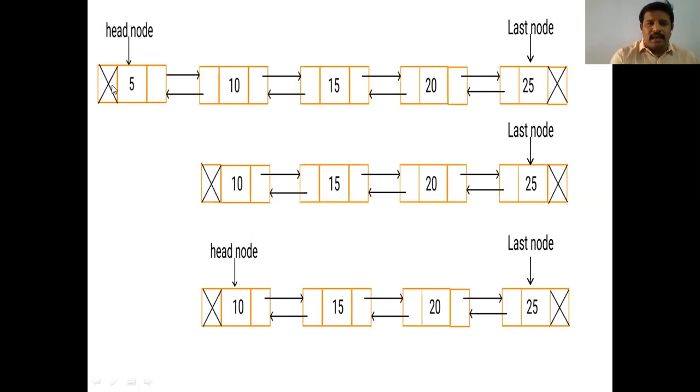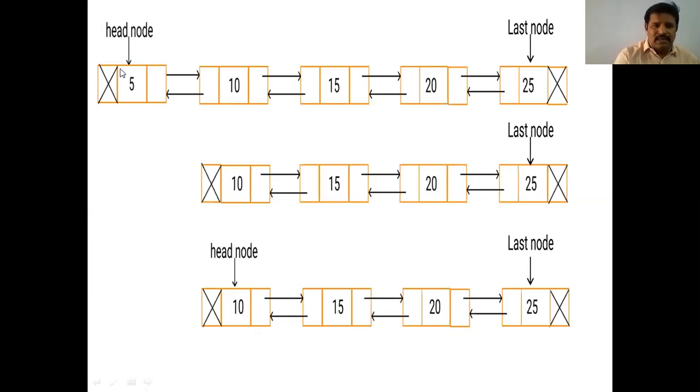In the actual list, the first node is 5, which contains 2 pointers: one is the previous pointer, the second one is the next pointer. The next pointer points to the address of the second node, that is 10. And the previous pointer contains a null value because it is the first node, so it should not point to any other node. This first node's address is stored in the head node.